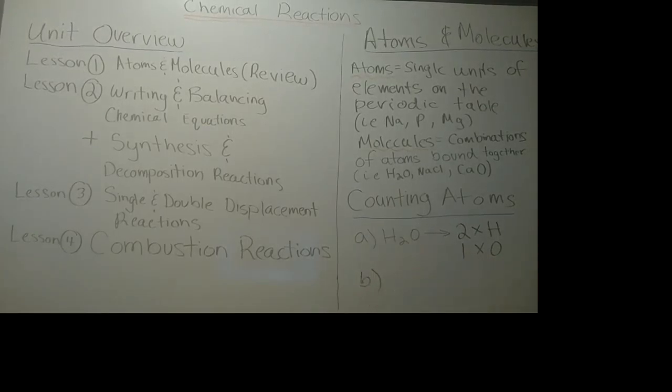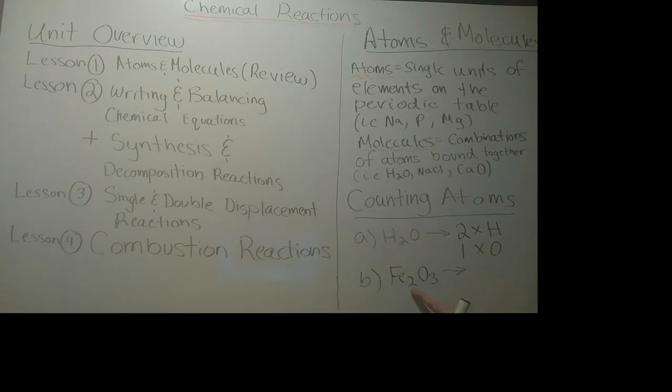As a second example, let's look at something like iron oxide, Fe2O3. At any point, you can feel free to pause the video and try the questions yourself, but I'm going to go ahead and do this one.